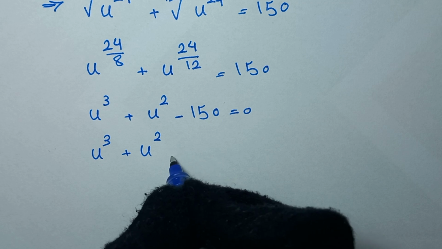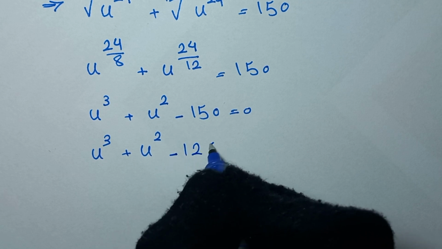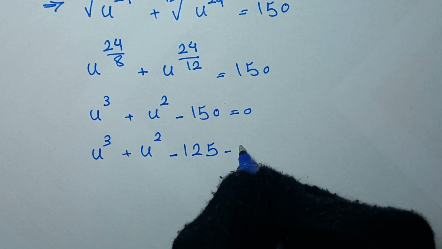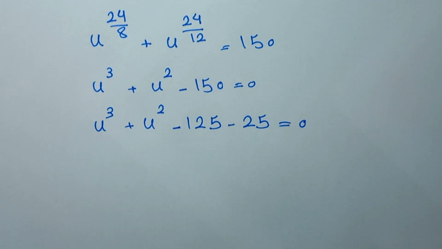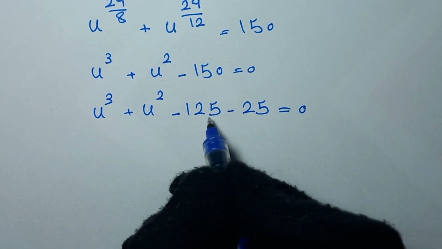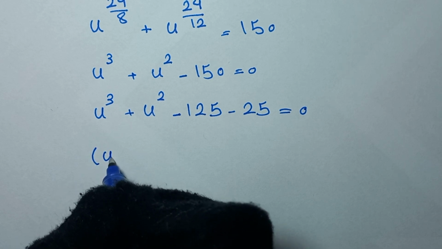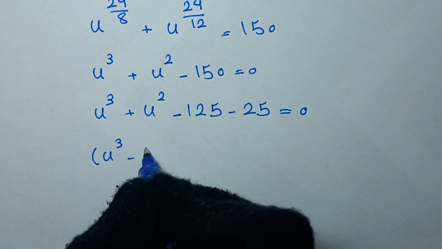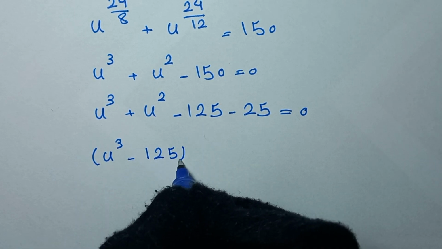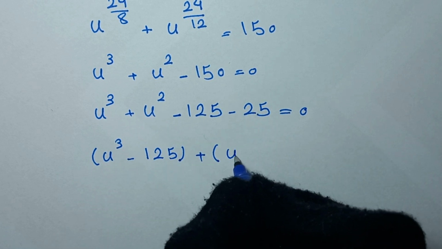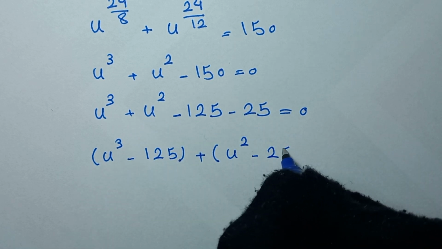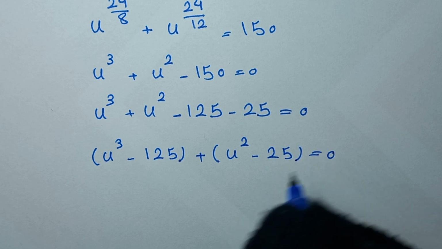In the next step, we write u cube plus u square minus 150, and we can write this as negative 125 minus 25, right, is equal to 0. We take these two together, so we write u cube minus 125 plus u square minus 25 is equal to 0.